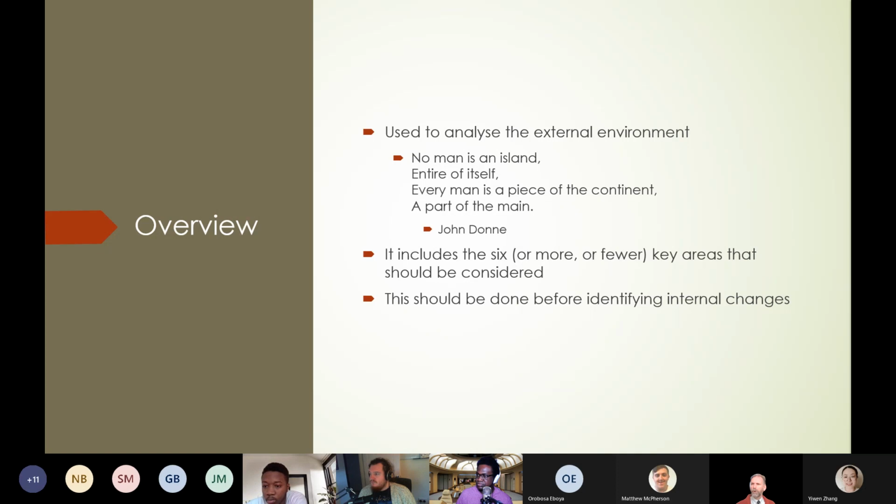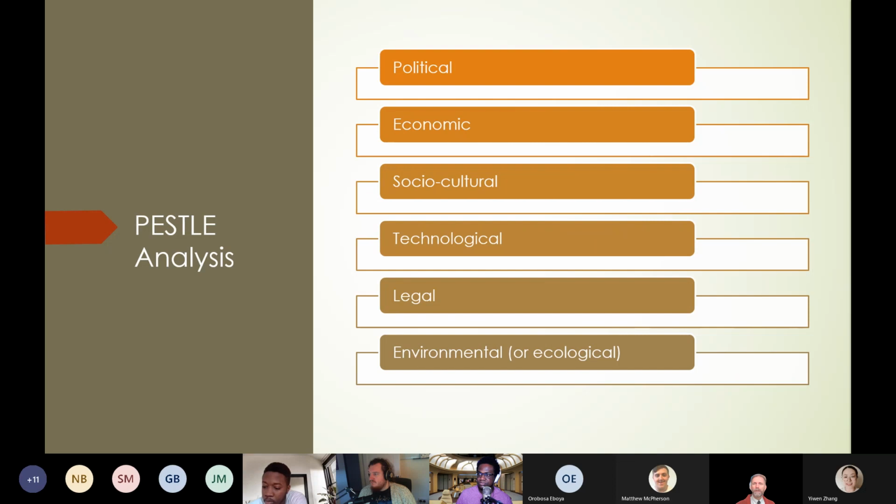Now, the key point about a Pestle analysis is that it's external factors. It's not to do with you, it's what's happening outside. Because your business probably isn't involved politically, but it does make a difference to you what happens politically.